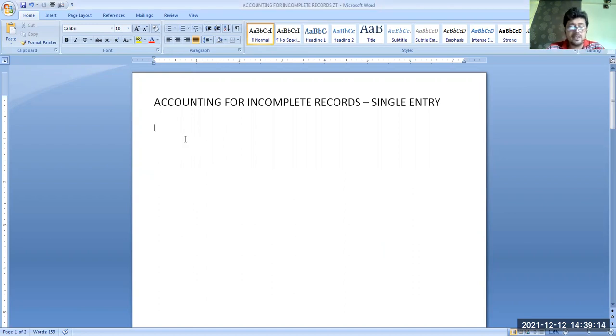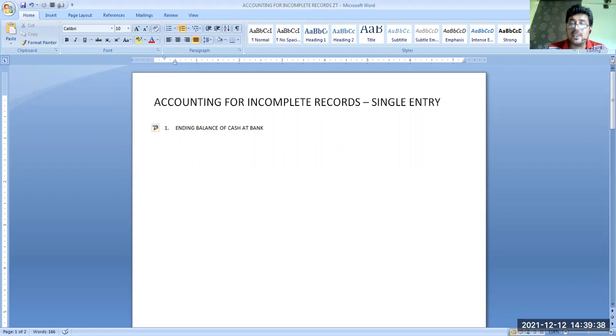So suppose you are attempting this question, what could you be asked to do in this? Okay, this is very important. First thing, the ending balance of cash at bank. You might be asked to calculate this.